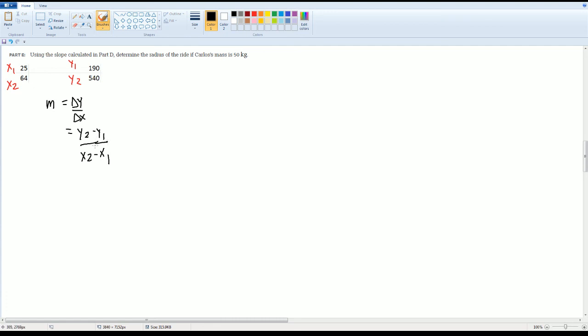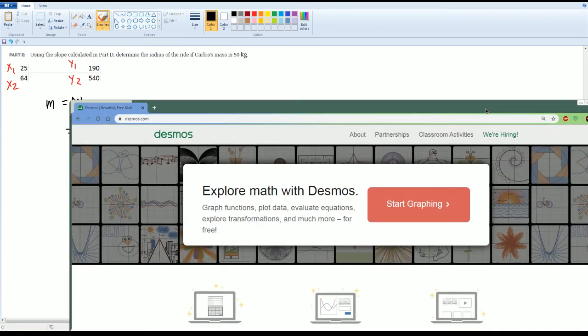Okay, 540 subtract 190, which is the change in y. At the bottom, 64 minus 25, right? And let's see if I can grab that in decimals. That's why I had decimals up, so here you go.